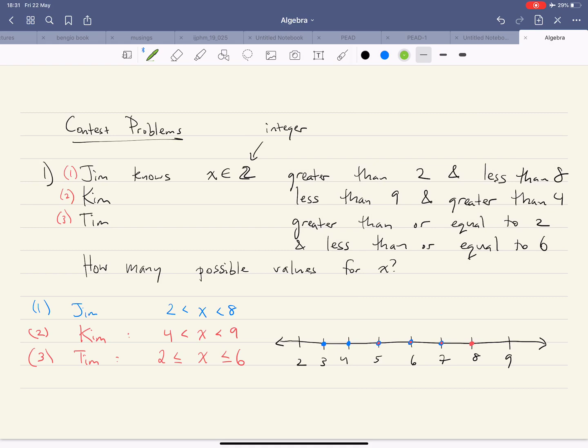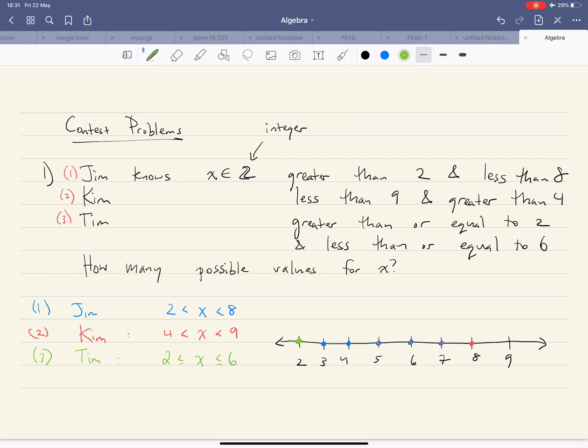And then from Tim, we know that x is between 2 and 6. So Tim knows x is between 2 and 6.